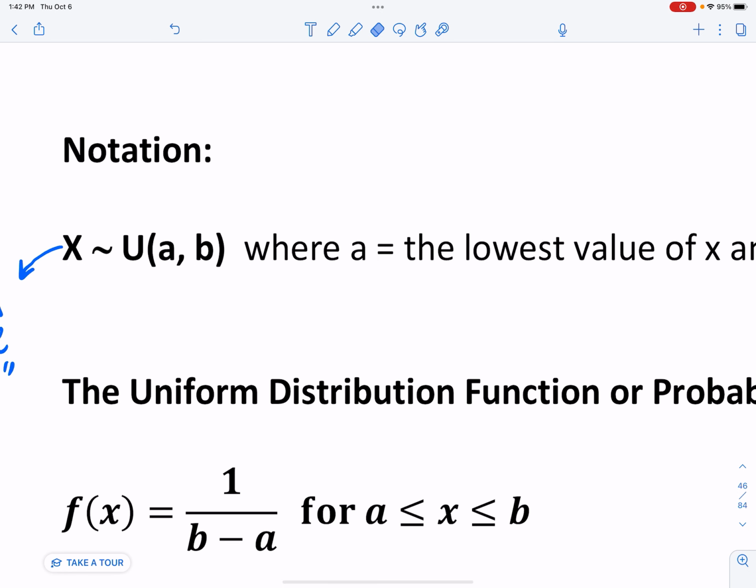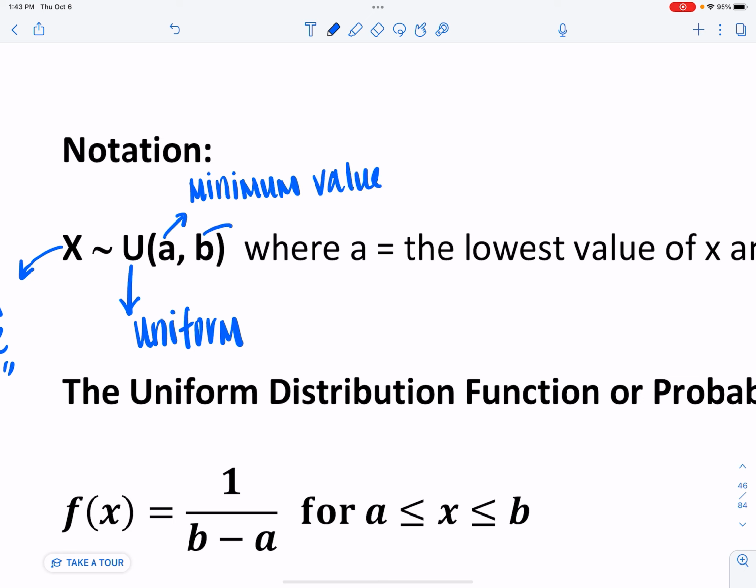The U stands for uniform. Before we had a B right there, and it was for binomial. This time we're using U for uniform. The A is the minimum value. The B is the maximum value.